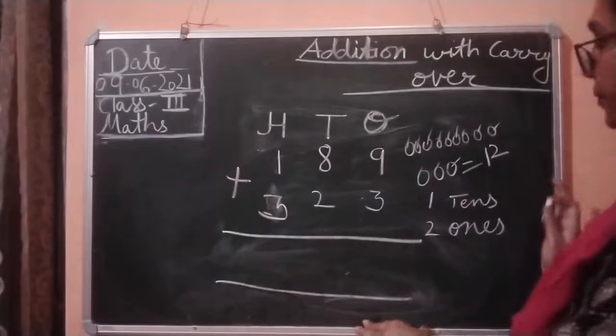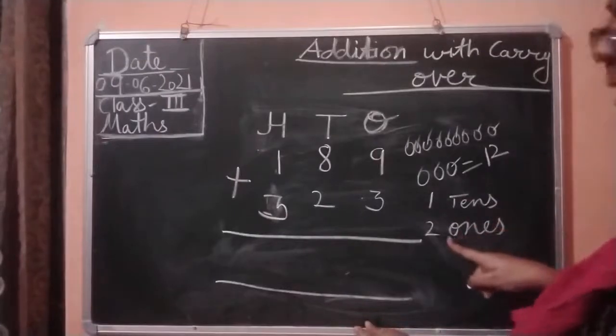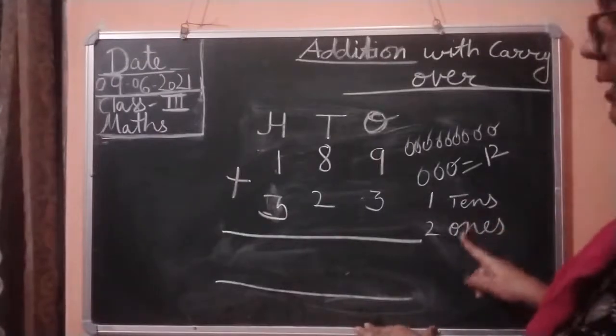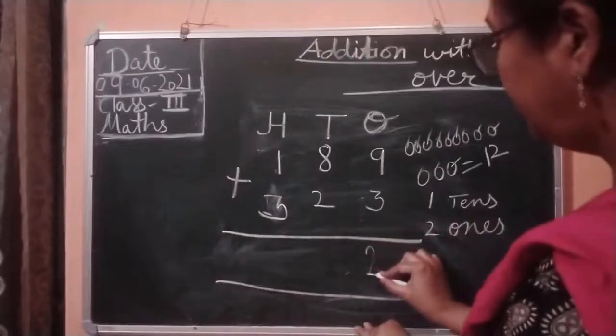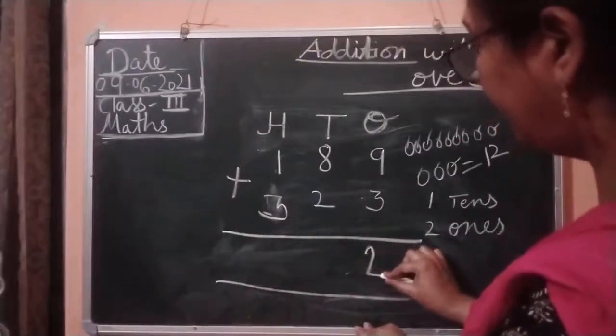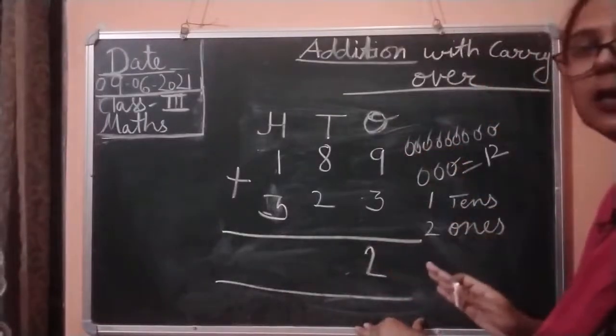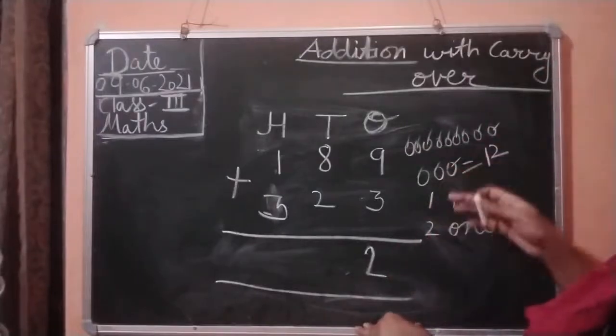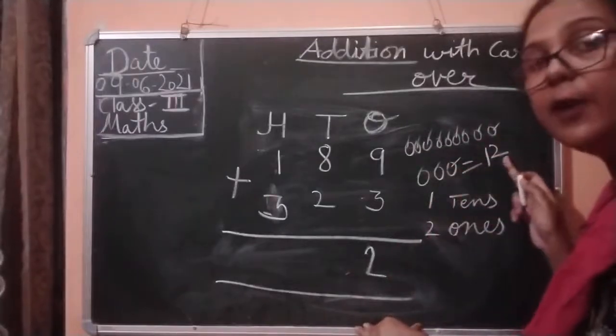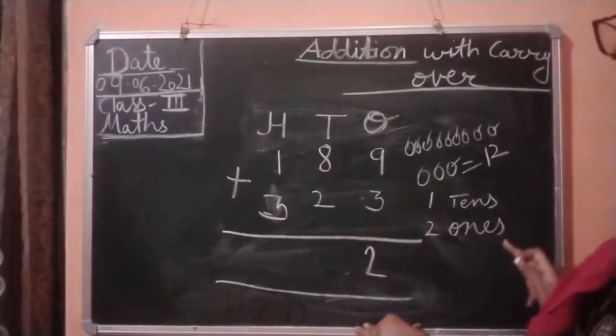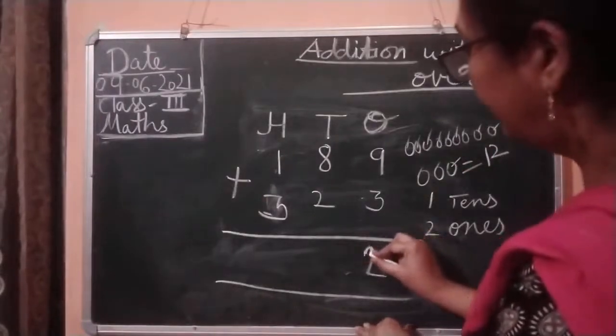Now what will we do? Because this is 2 ones, we will write the 2 over here in the ones column.